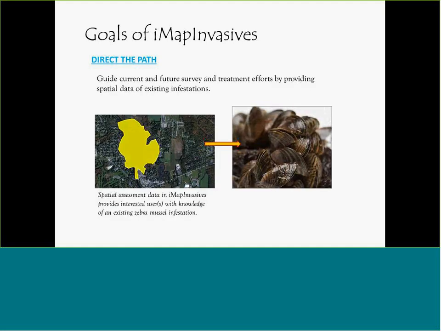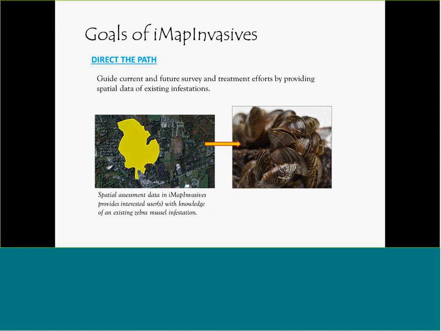So we like to say that, again, kind of going off the example of the foundation that I just gave, iMapInvasives really helps to guide effort of land managers now and in the future by providing that spatial information of existing infestations and the threat that they pose to surrounding native species. For example, here you see a yellow polygon.